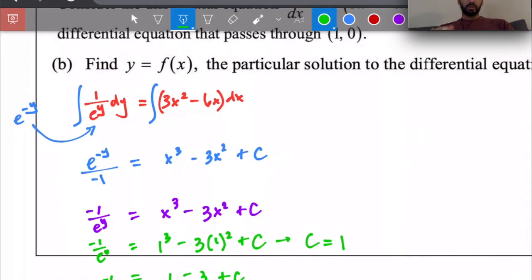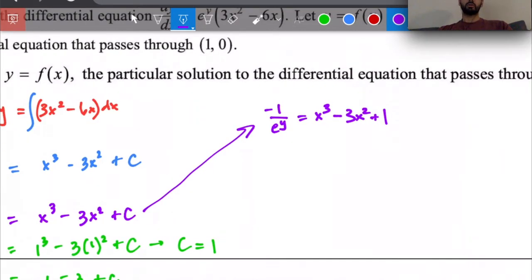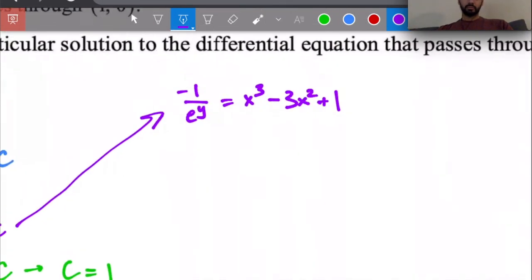C is equal to positive 1. Negative 1 over e to the y is equal to x cubed minus 3x squared plus 1 now, writing in my particular c value here.